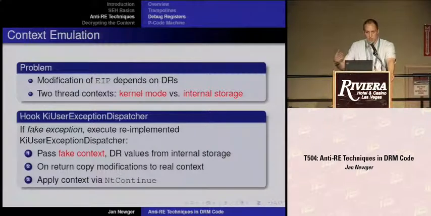So the handler would see the correct values it expects. And on return, when the handler returns to our KiUserExceptionDispatcher re-implementation, we would need to merge the modifications made by the handler back into the real context. After this, we would apply the final context again via NtContinue, as the original KiUserExceptionDispatcher does.